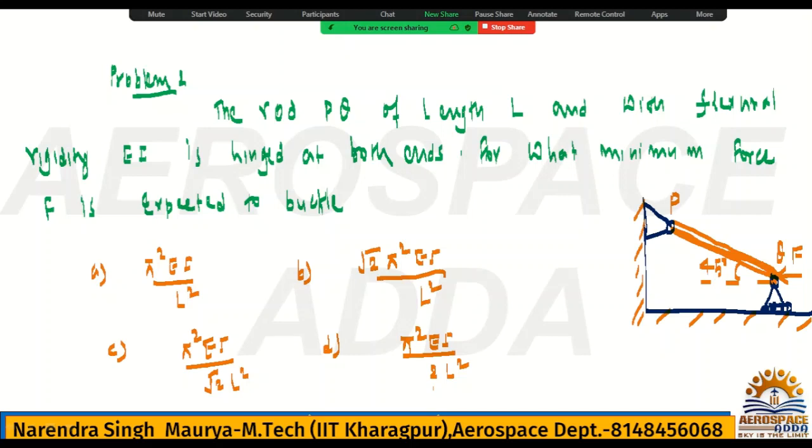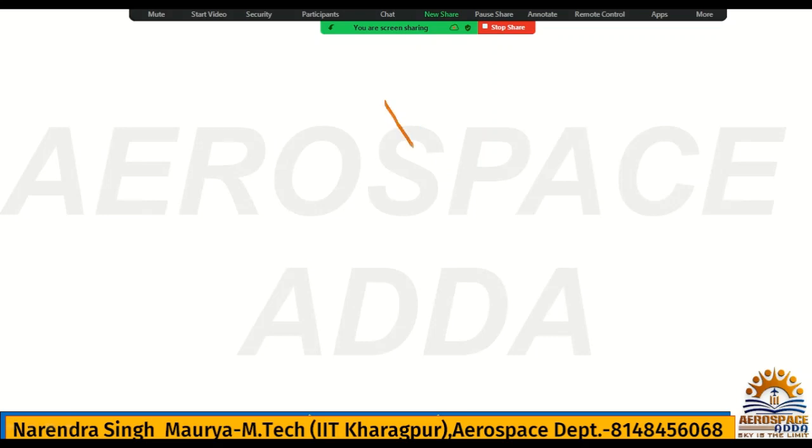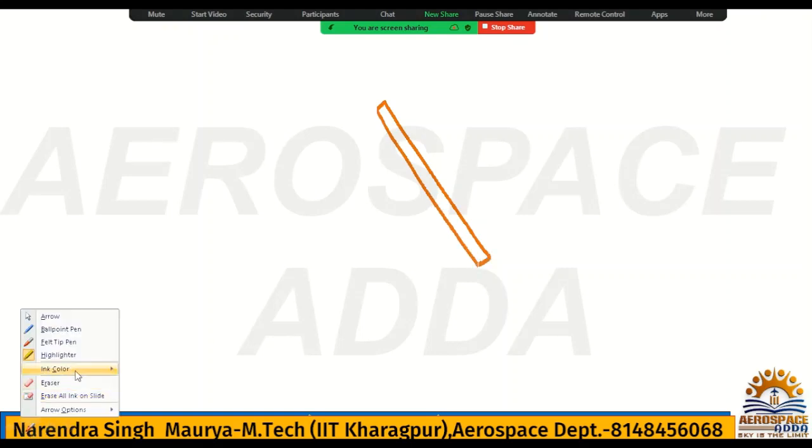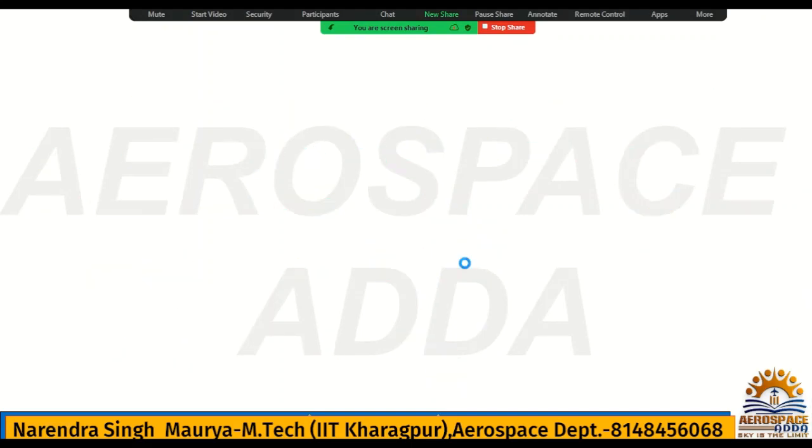The column is attached like this, and this is the column. This is hinged at this end and hinged at the other end. Both ends are hinged.